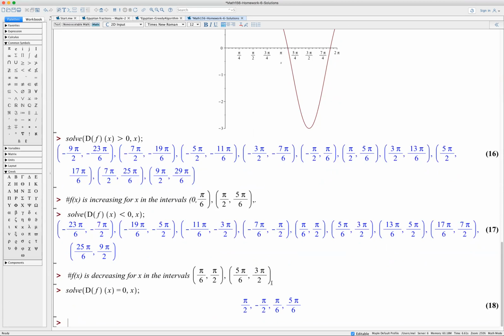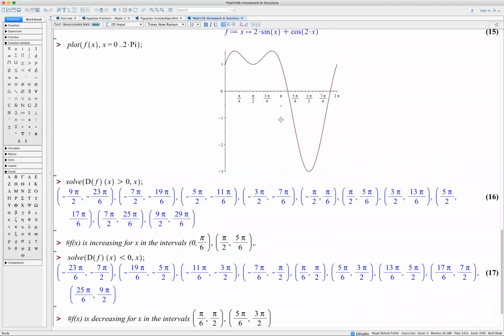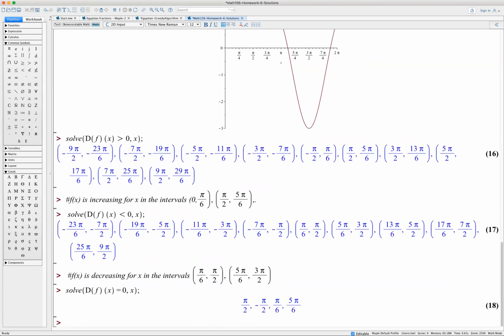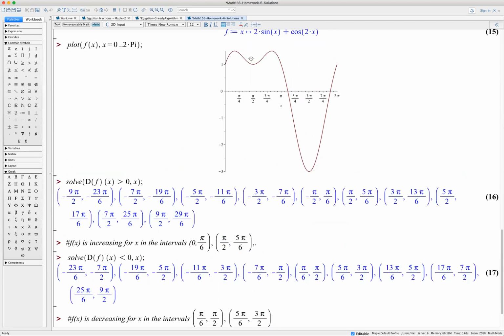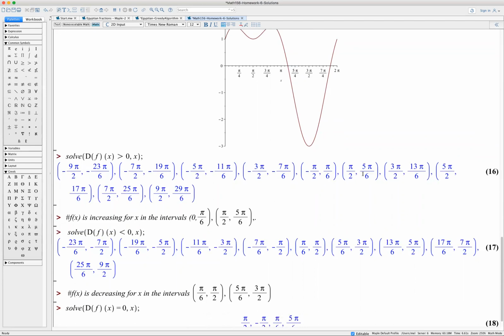So again, it gives us several zeros of the derivative, but we only want the ones between 0 and 2 pi, and those are pi over 6, pi over 2, 5 pi over 6, and it's not giving us this one.